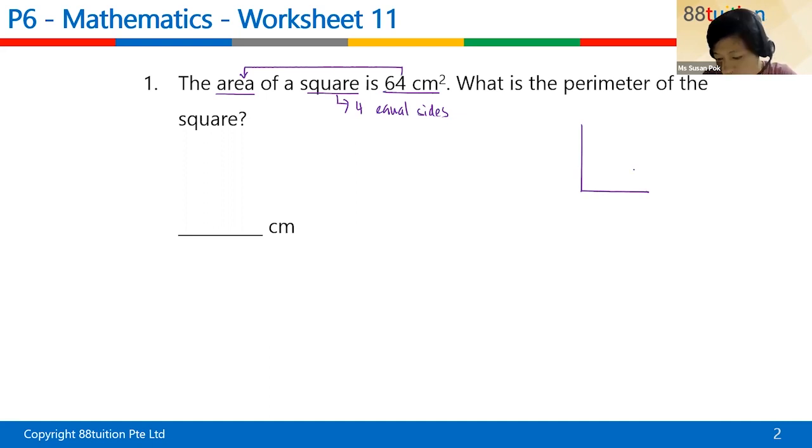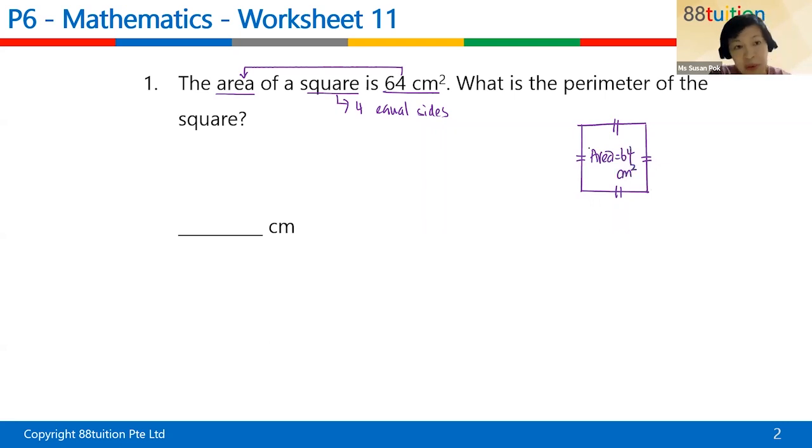Now, 4 equal sides, this is a common thing I have to highlight. When the area is 64 cm square, they have 4 sides.